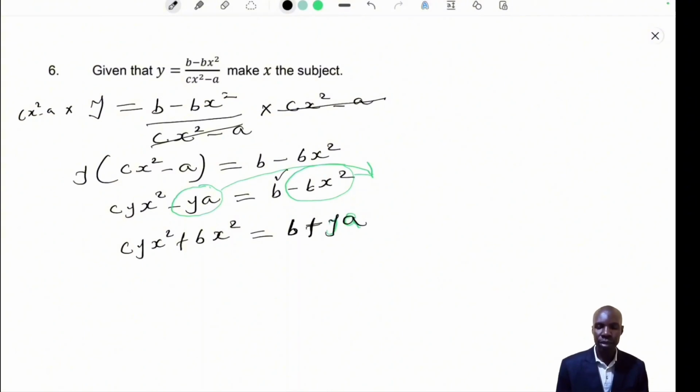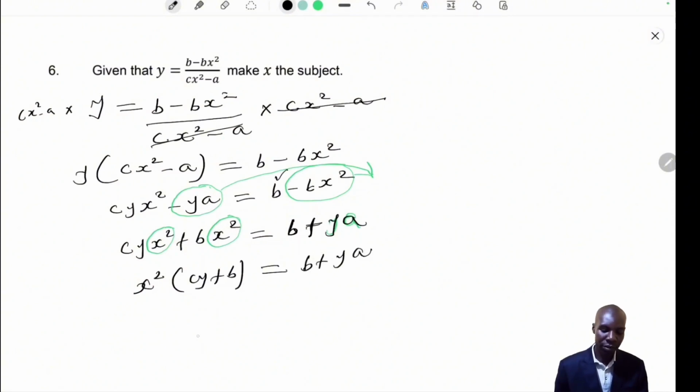Our aim is to make x the subject of the formula. So on the left hand side we have x squared being common. So we'll have x squared in bracket cy plus b should be equal to b plus ya. Then we divide both sides by cy plus b. So this one cancels out.